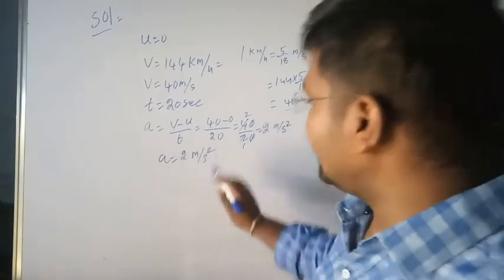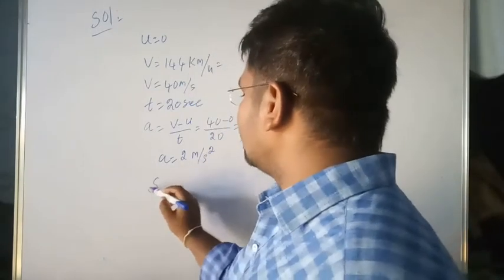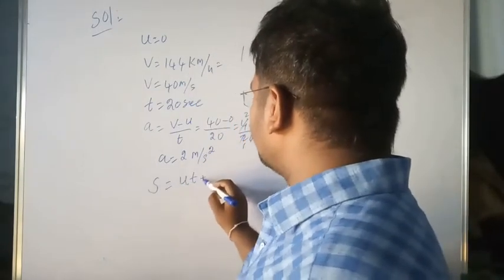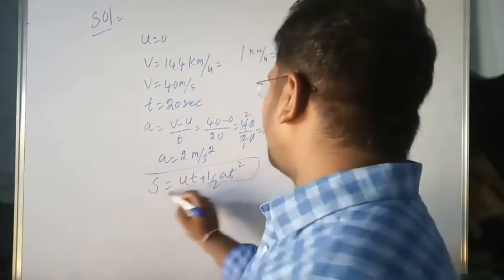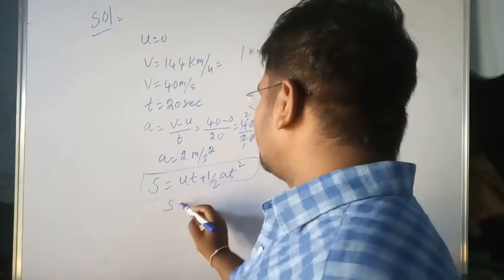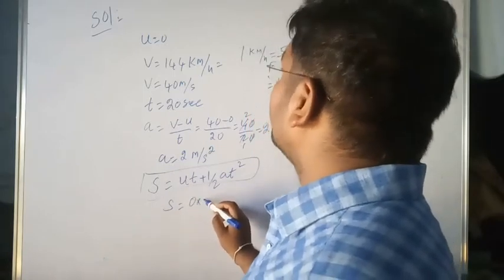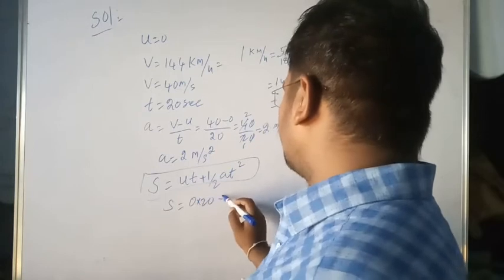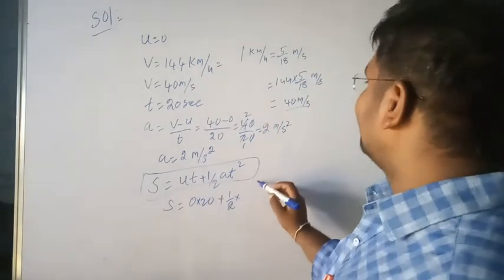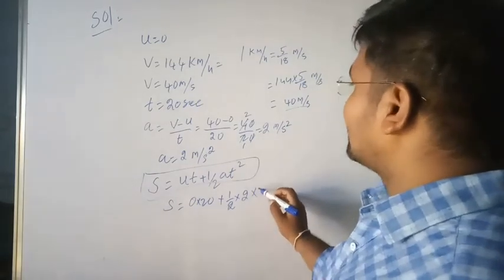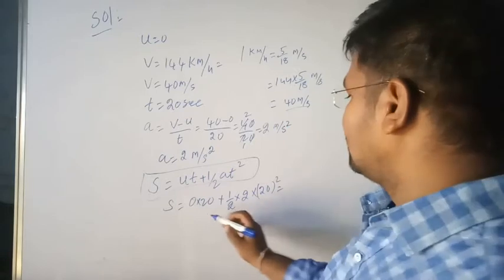Here we have to find the total distance traveled by the body. S is equal to ut plus 1 by 2 at square. We use this formula now.